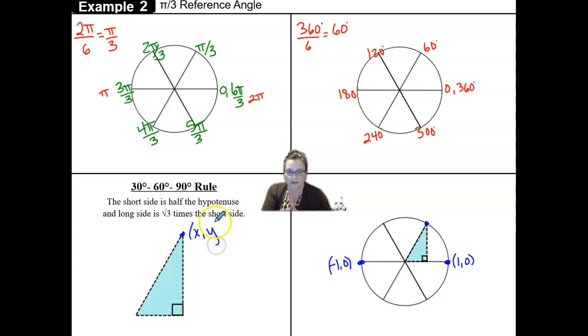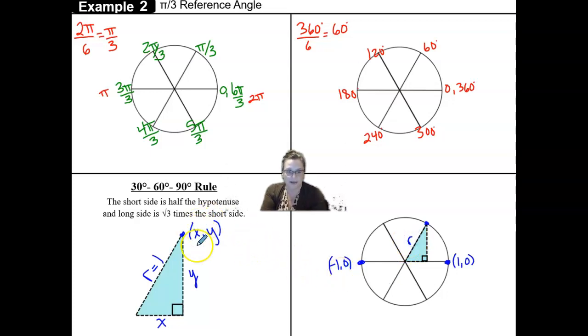The horizontal distance across the bottom is x. The vertical distance is y, and the hypotenuse of this right triangle is the radius of the circle. Since it's a unit circle, that radius is equal to 1.